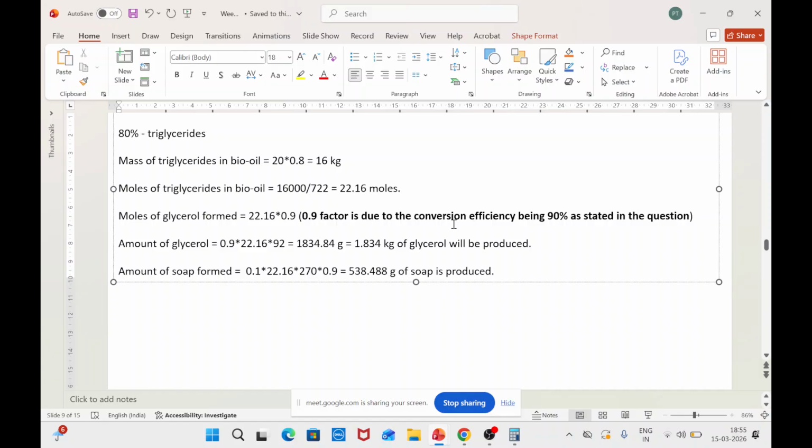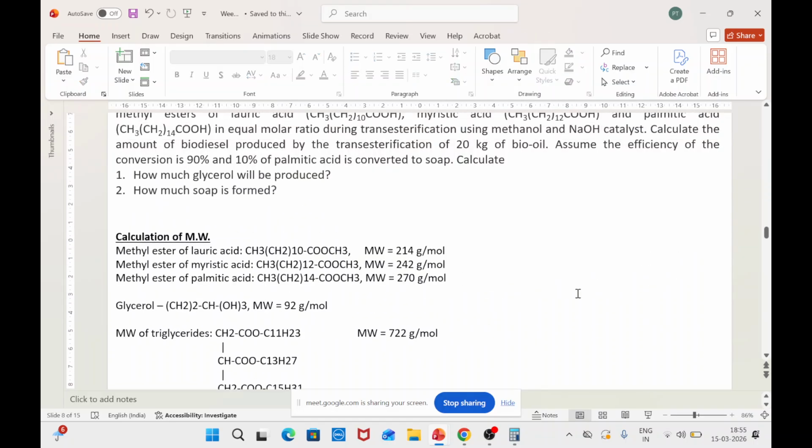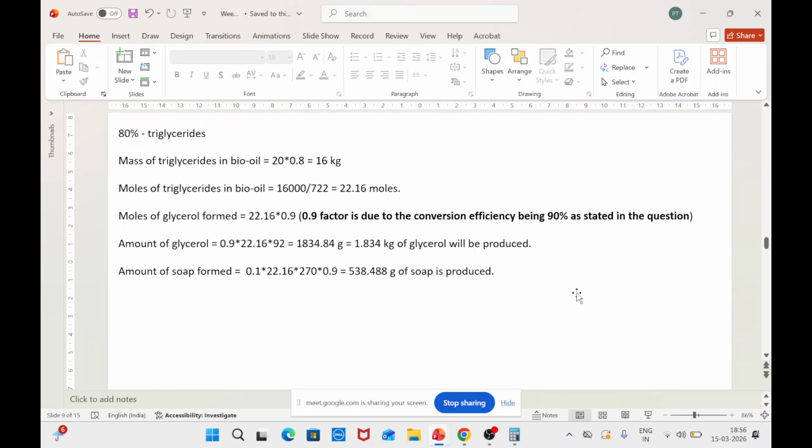So this much. So these many grams of glycerol and these many grams of soap will be produced by the following transesterification reaction.